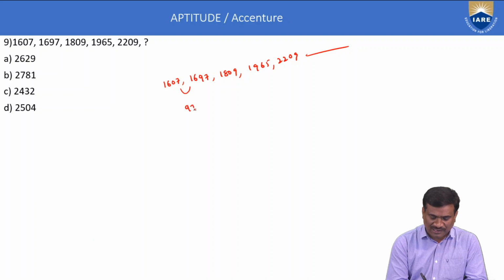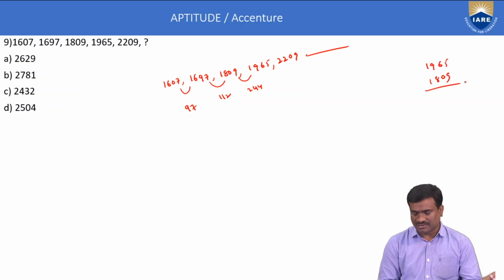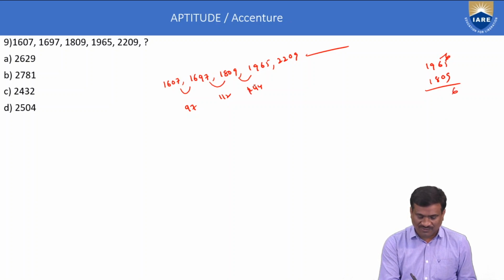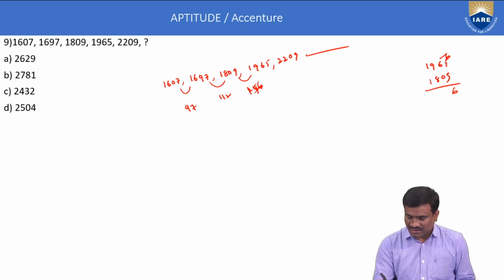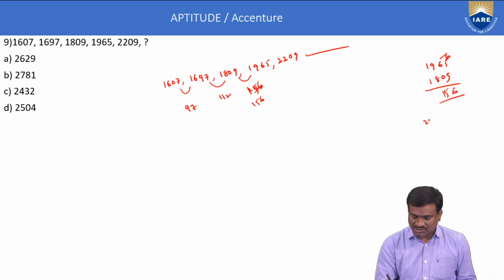Differences: first one 90, second 112, third 156, next 244.